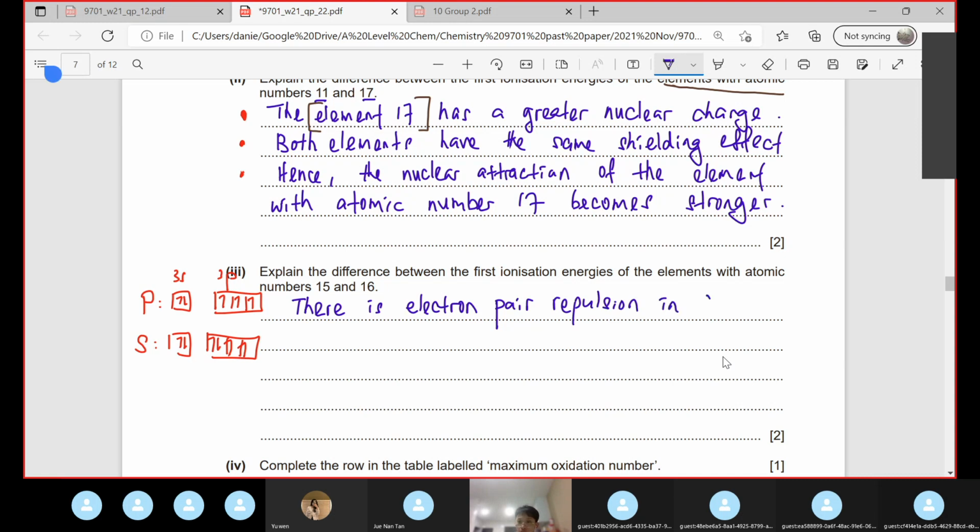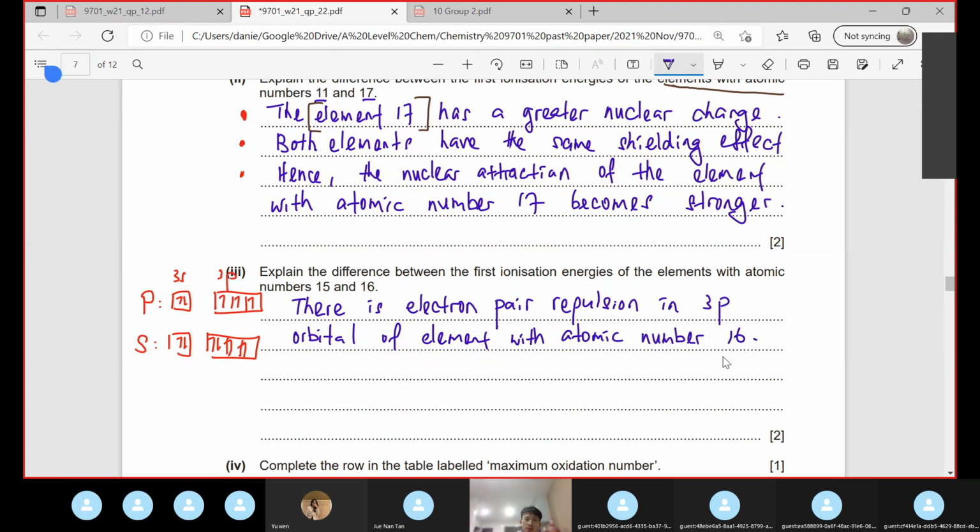In 3p orbital, 3p orbital of elements with atomic number 16. Okay.